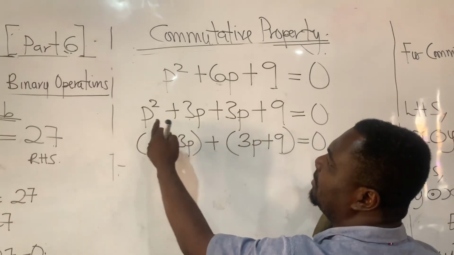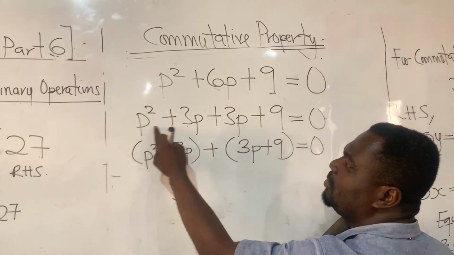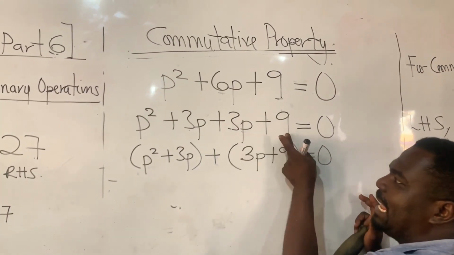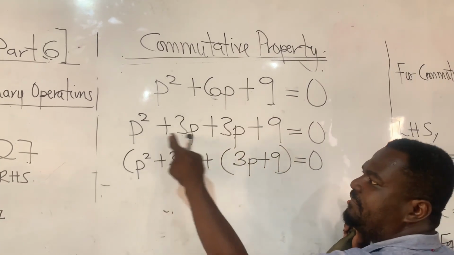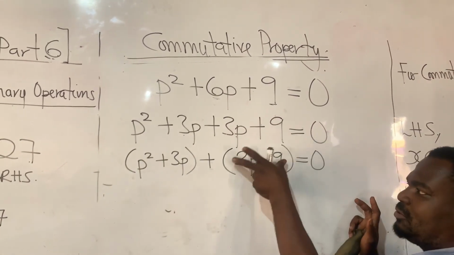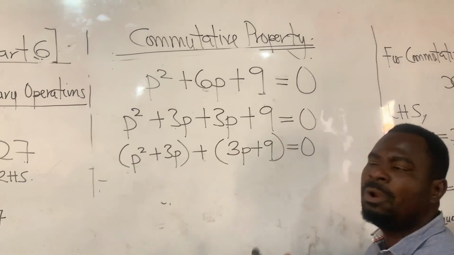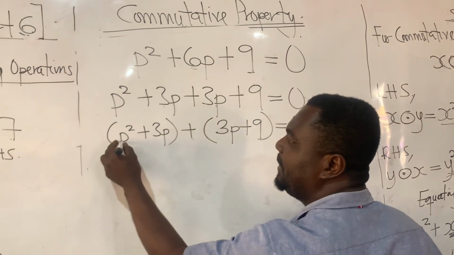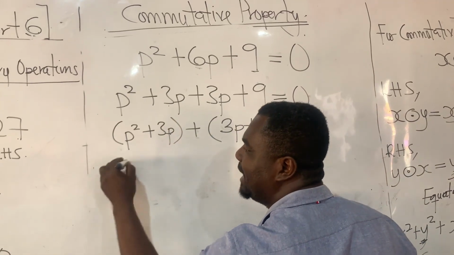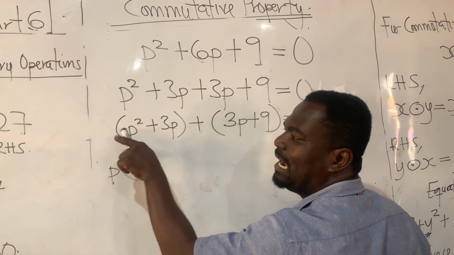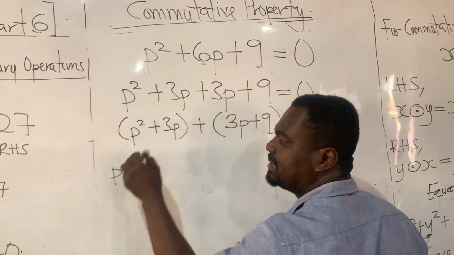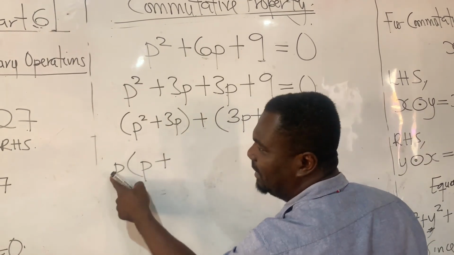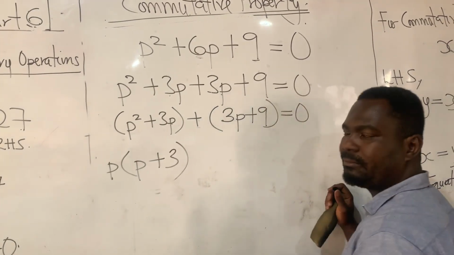So after doing that you are going to get from 3 terms to 4 terms. You put the first 2 in a bracket, the last 2 also in a bracket, so that you can factorize with ease. P is here, you factorize P out. Meaning once P is out, it is left with 1P. Plus the very P here is out now, so it will be left with 3.